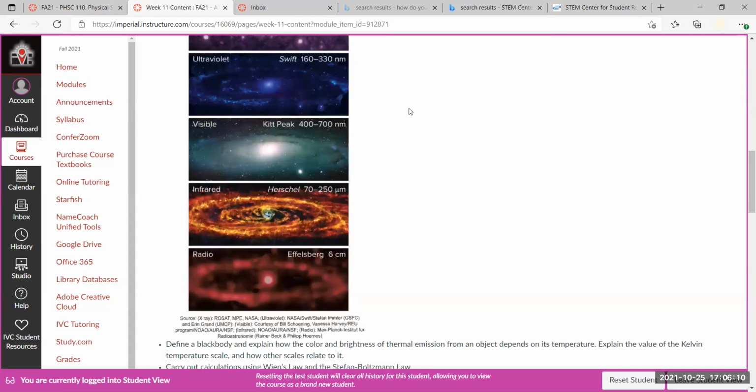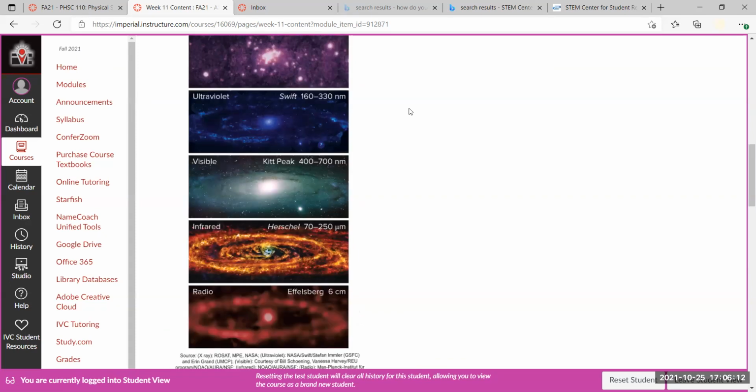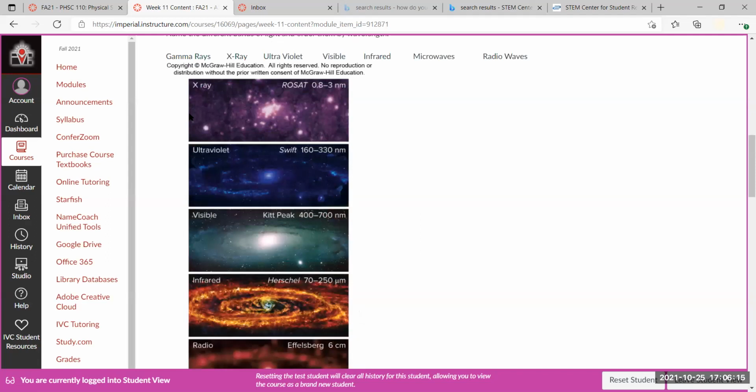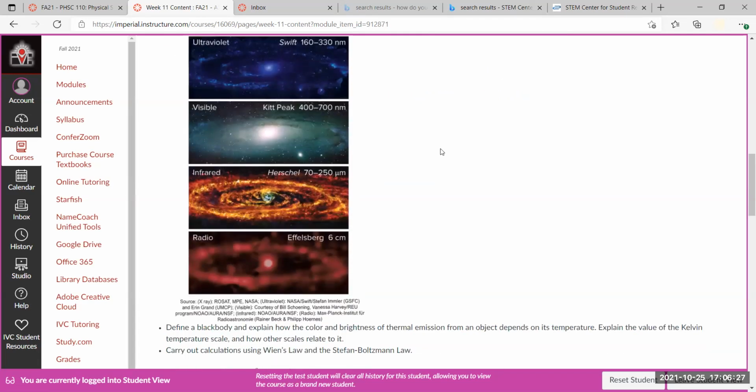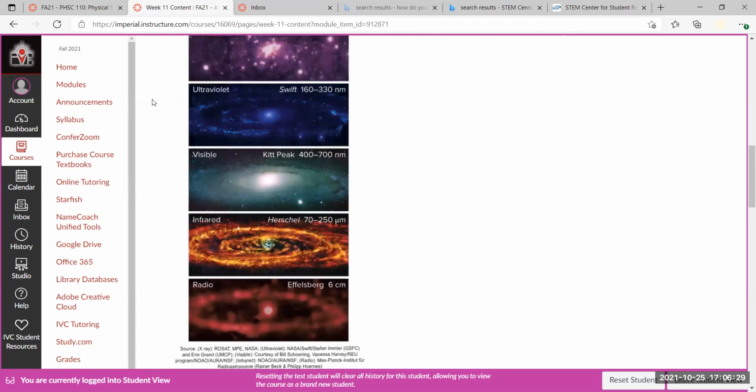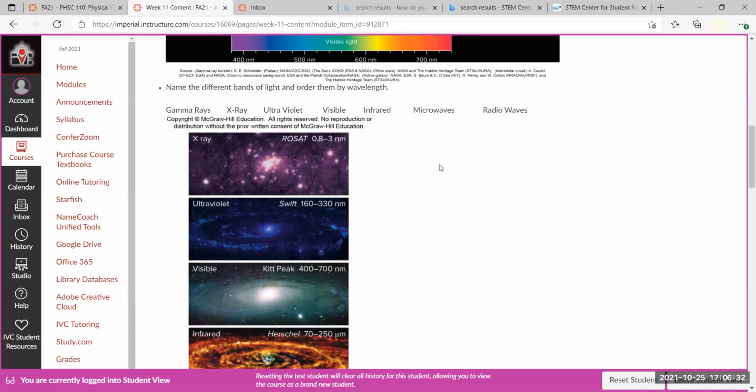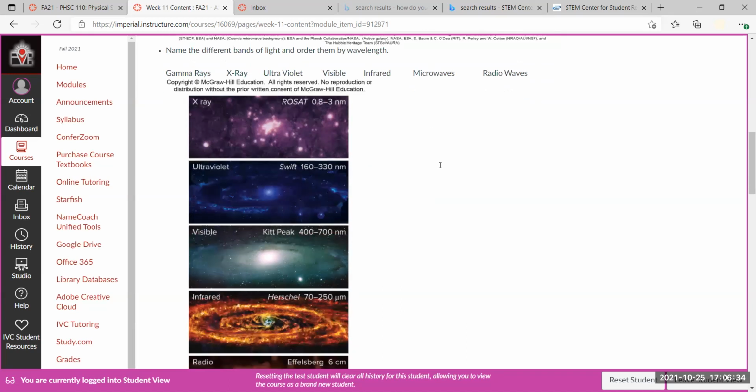So this is some of the things we can do with this. Again, gamma rays, X-rays, UV, ultraviolet, that is, visible light, infrared, microwave, and radio waves. Those are the different spectra that we need to be accustomed with, okay? So the first task in here is to list these in the order that they are.